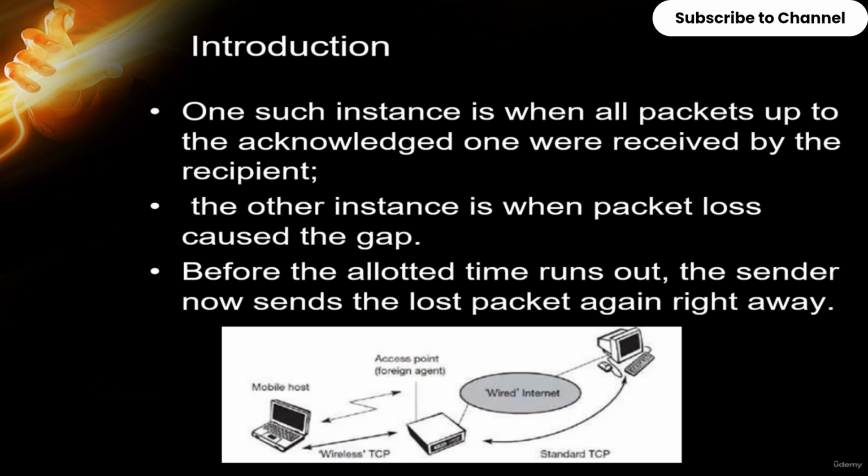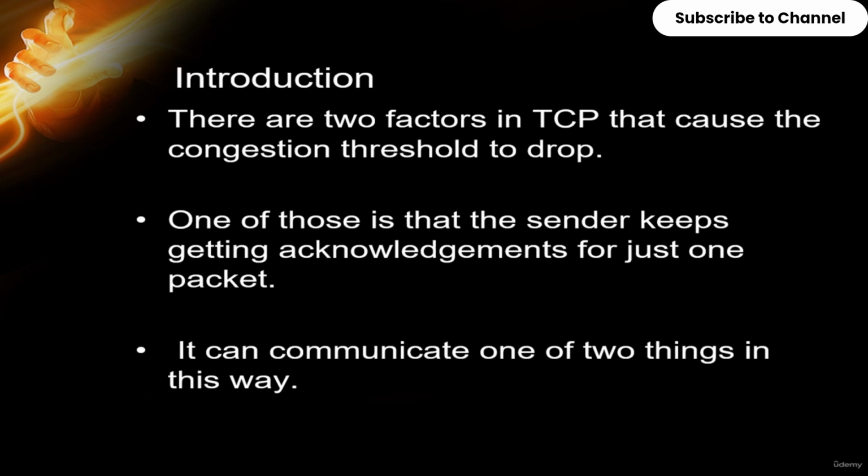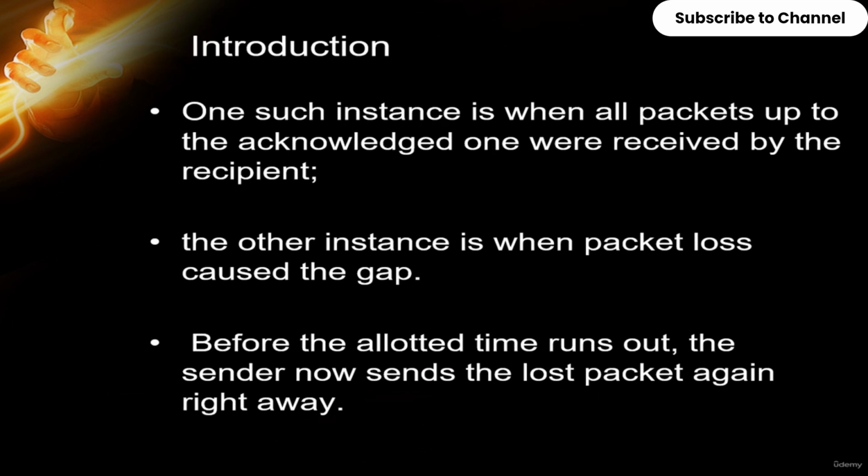And then when we are talking about the flow of the packets, the acknowledgement of the packet is also a major thing. How the flow of the packets is ensured is flow control. TCP uses a mechanism called flow control, where the sender does not overwhelm the receiver with data.